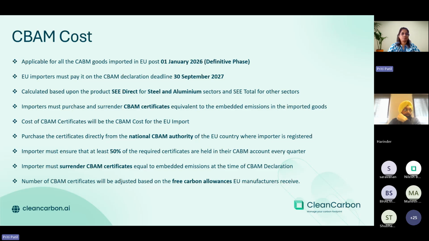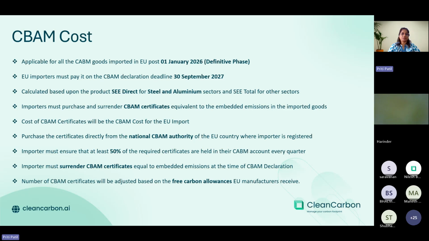reduce down the tax. The importers must purchase and surrender CBAM certificates equivalent to the embedded emissions in the imported goods. So, using the CBAM report, we are calculating how much emissions are embedded in the imported goods, and equivalent to that, importers need to surrender the CBAM certificates.